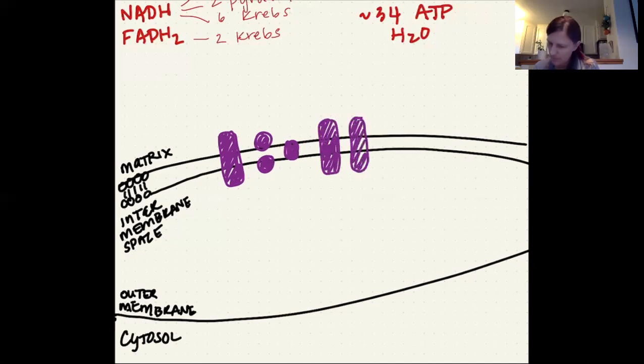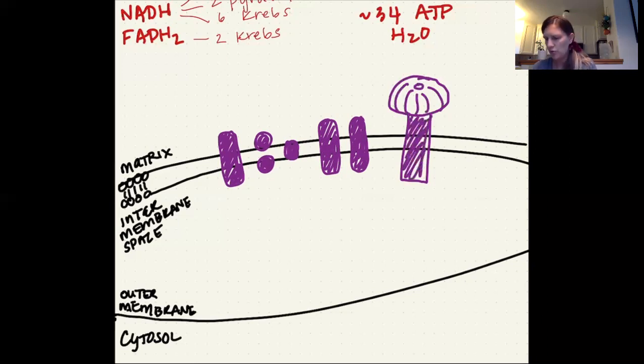These are a lot of membrane proteins on the cristae of the mitochondria. And then we're going to see a special one here that looks kind of like a little lollipop or a mushroom. That's the real special one called ATP synthase.